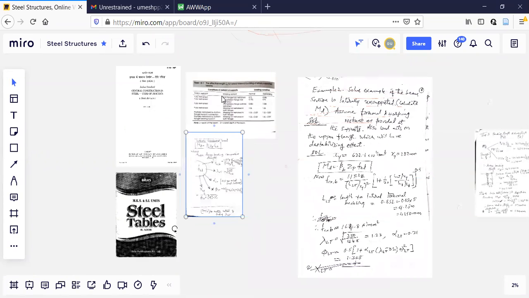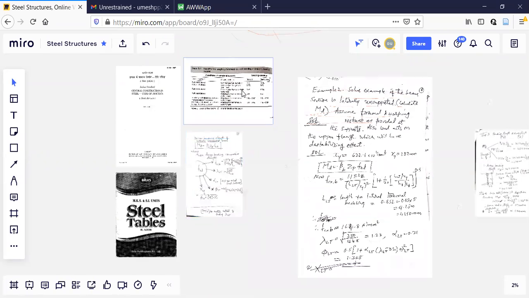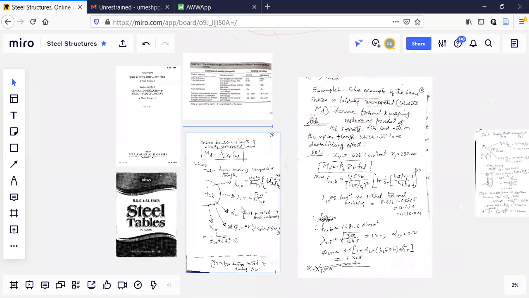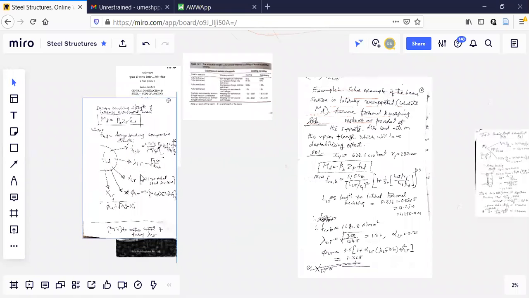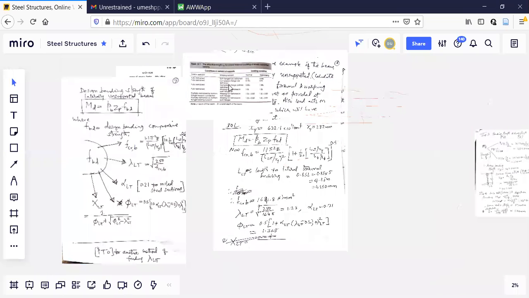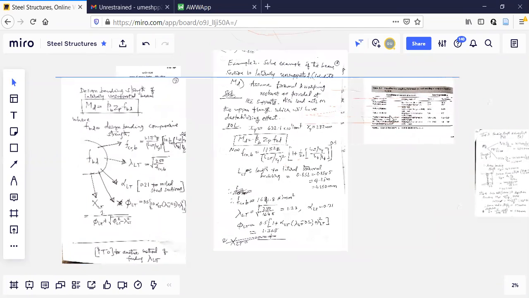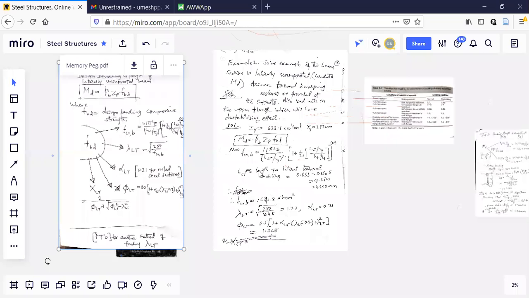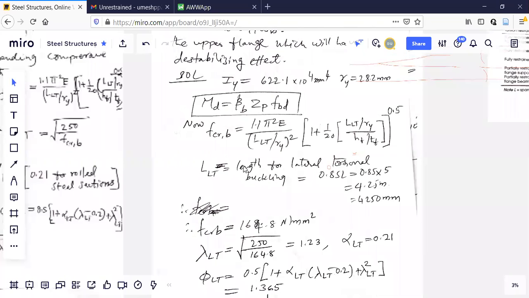Presently, I will not show the code book and all. I will just avoid it. Only I will show you how it is. This problem can be solved properly. I will concentrate on these two pages. One is this, already I explained how to use it. Second is the problem.